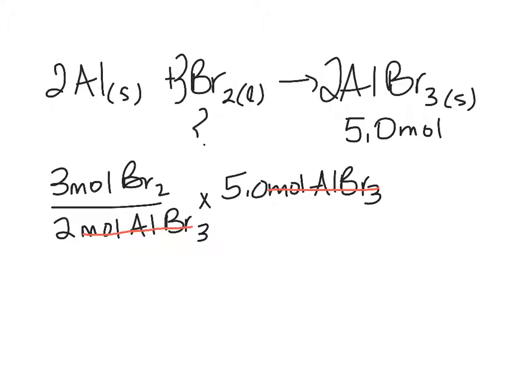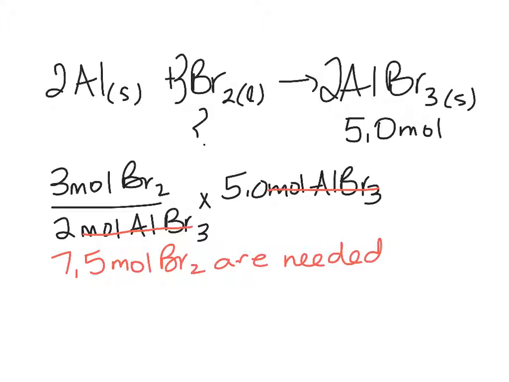So now the units in your answer are moles of bromine. So 3 times 5 divided by 2, that's 7.5. So we need to have 7.5 moles of bromine.